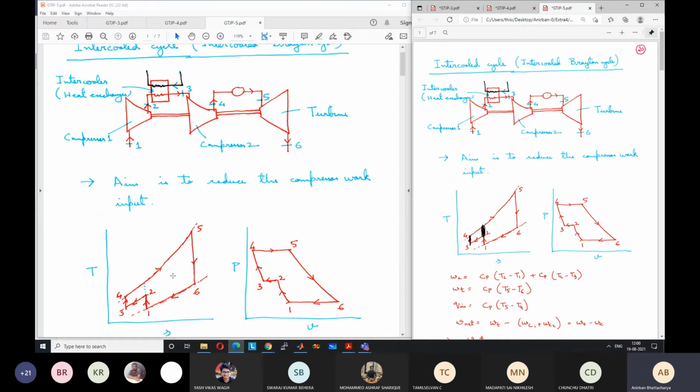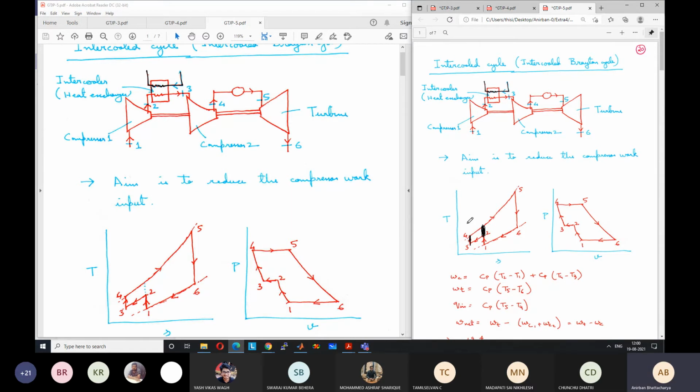So this is the rule. We are reducing the work input to the compressor, and we know that compressor work input is a significant part of the overall energy change in the cycle. So if we can reduce the compressor work input, we can increase the overall work output from the cycle.